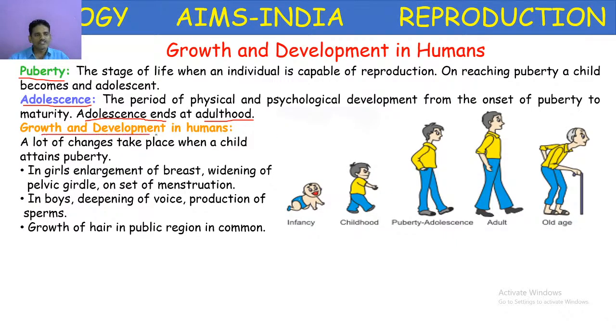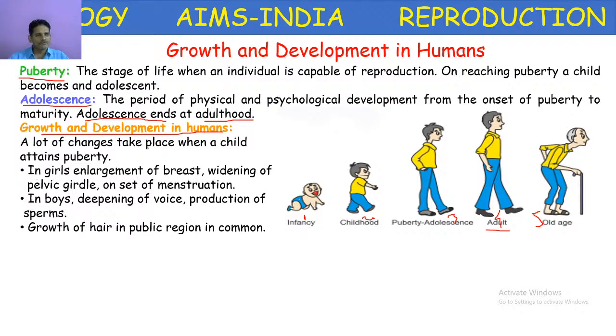Here, growth and development stages in humans. A lot of changes take place. These stages represent infancy, small child, from 1 day to 1 year. Then slowly childhood starts. Then puberty or adolescence starts. Then become adult. After that, old age.